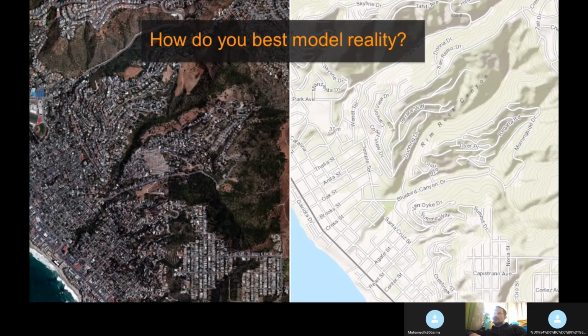How do you best model reality? Well, you can see it's a part of maybe United States West Coast. You can see all these small buildings and streets and hills and forests from the space.